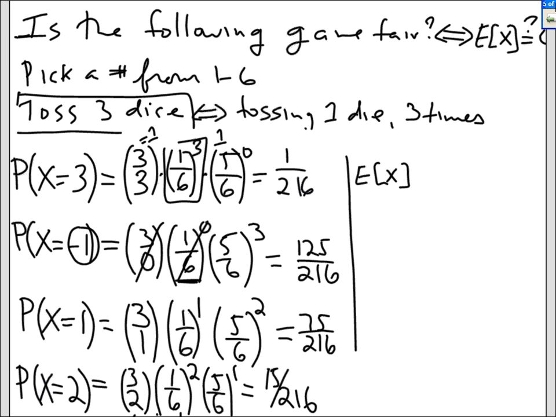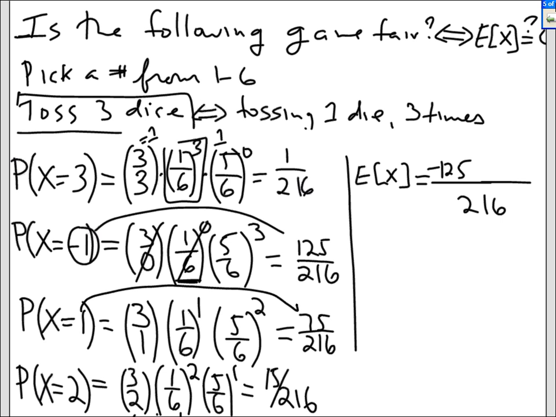It's this x times its probability, which will be negative 125 over 216. I predict that all the denominators will be 216. Negative 125 over 216. Then x can be 1.